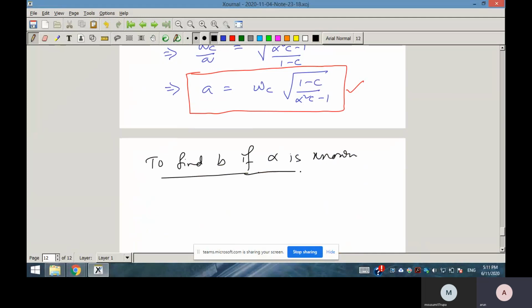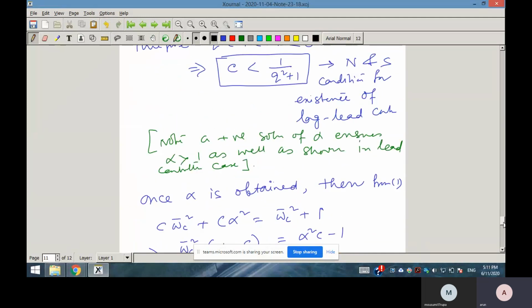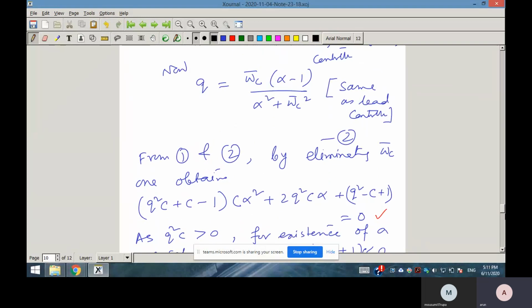So once alpha is known, now what is phi 2? Phi 2 is the phase lag provided by the lag part.